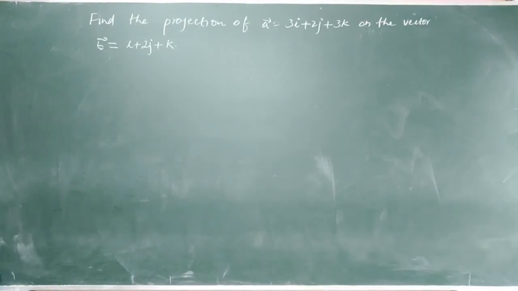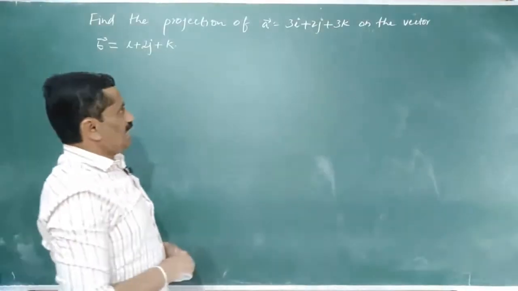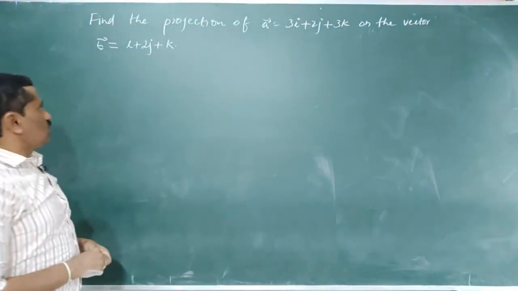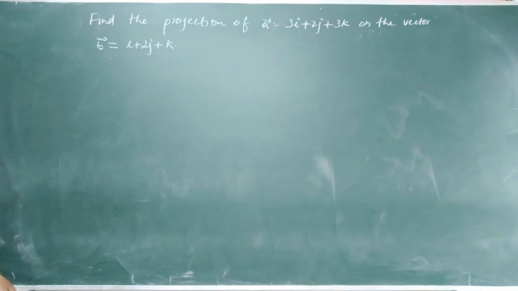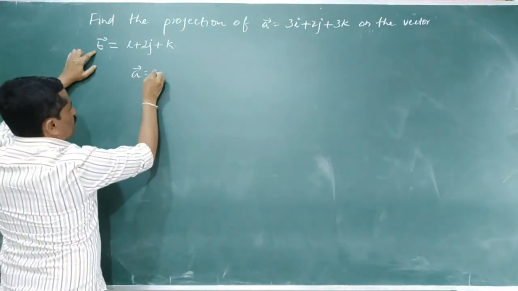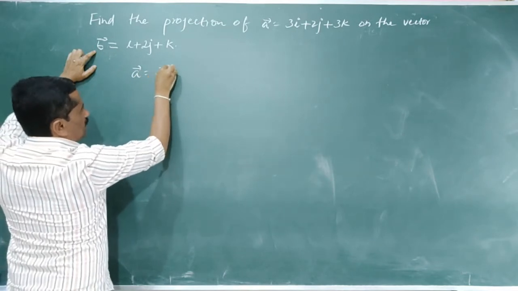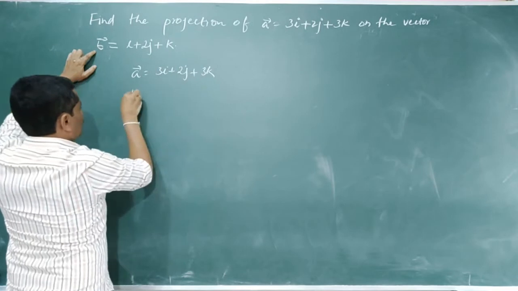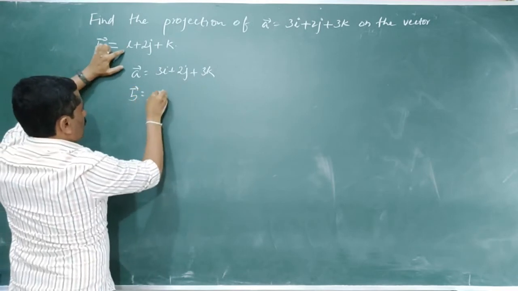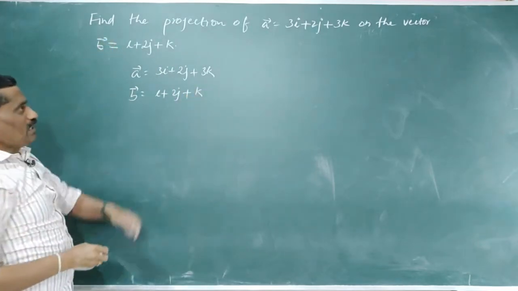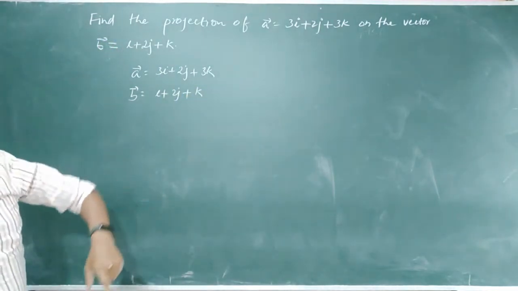Next, find the projection of a bar is equal to 3i plus 2j plus 3k on the vector b bar is equal to i plus 2j plus k. Here given that a bar is equal to 3i plus 2j plus 3k and b bar is equal to i plus 2j plus k. Here we need to find the projection of a bar on b bar.